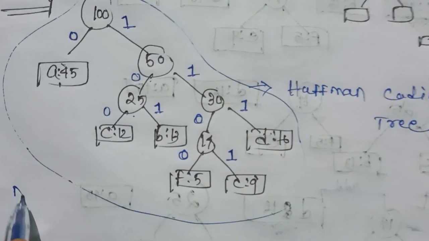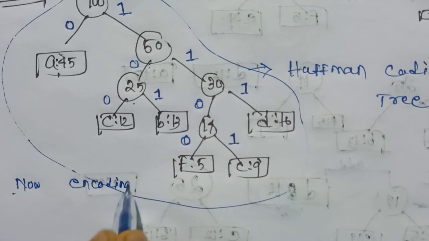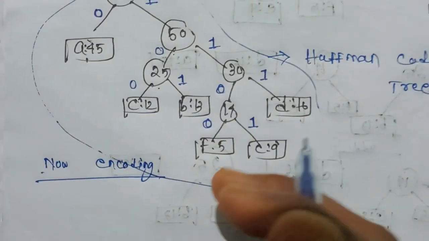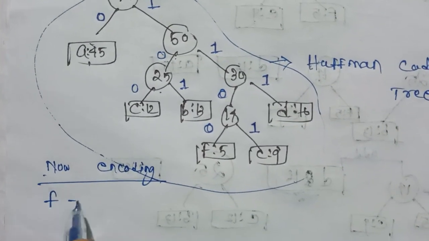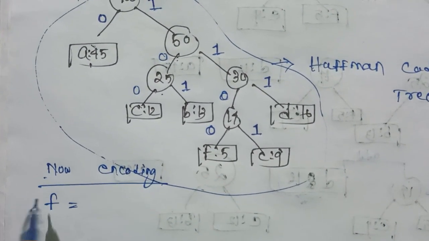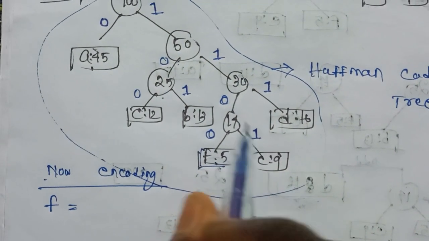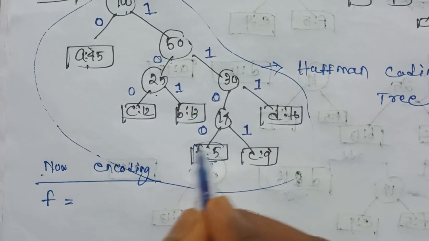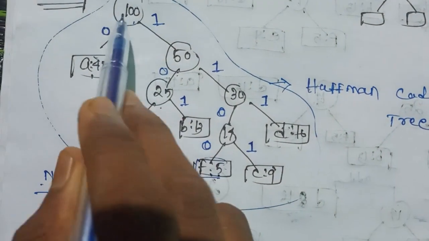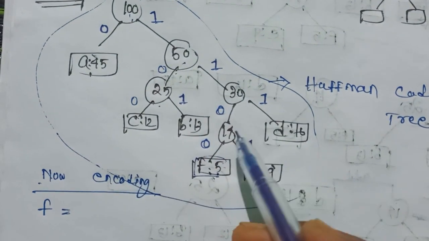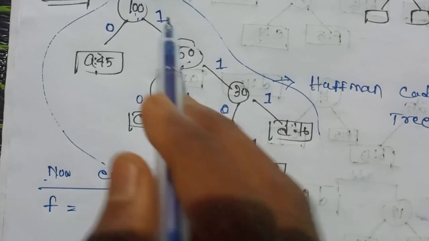Now encoding means per character we can encode the data, like F. The encoding for the F character, F is here. So from the root node to the destination node, we have to find the path. So here 100 to 55, 55 to 30, 30 to 14, then we reach the destination F5. So what will be the result?